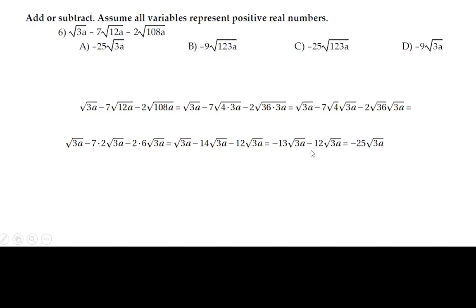Negative 13 of them minus 12 of them is negative 25 of them. We're left with negative 25 radical 3a. As always, your answer choices will likely be in a different order, but in this case, with these choices in this order, the answer is A.